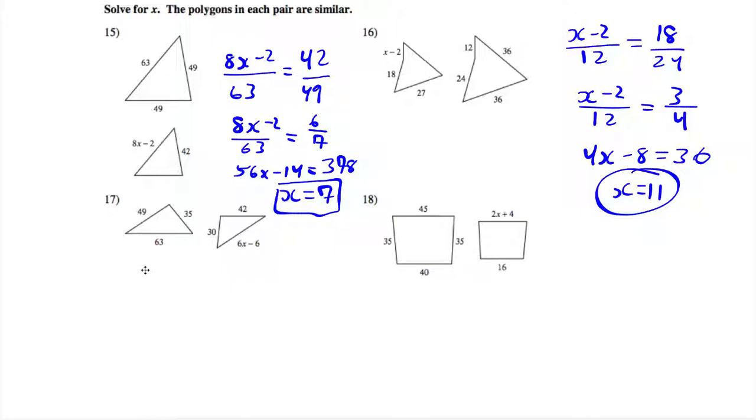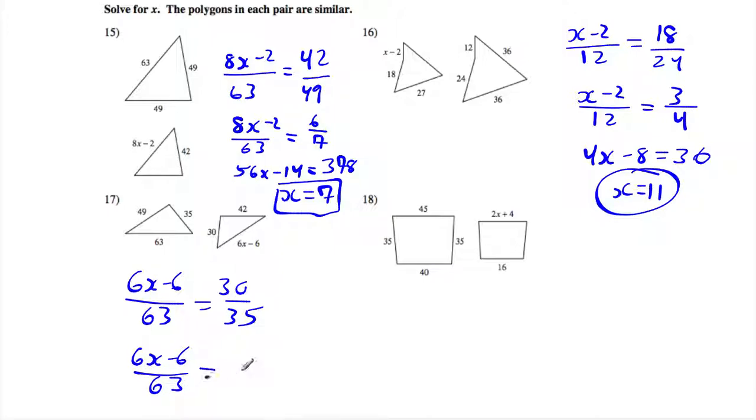Over here, this is a little bit tricky because we can see that 30 and 35 are the smallest sides. So this is rotated around a bit. But this larger side is 6x minus 6 to 63. And if we do the smaller sides there, 30 to 35, yet again, those cancel out with a common factor of 5. So we actually end up getting 6 to 7.